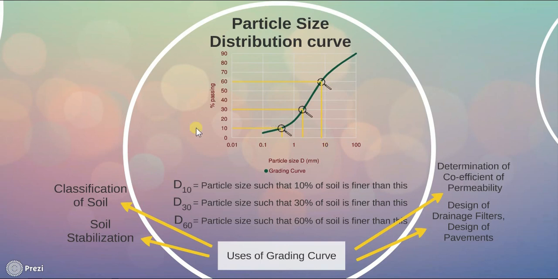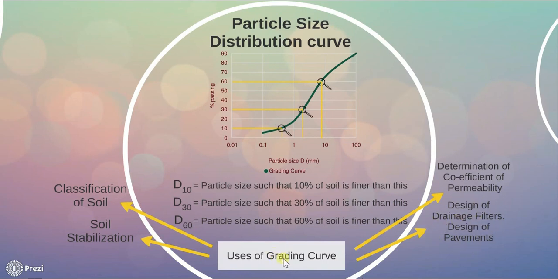Now, the question is, why should we use grading curve, where can it be used? So, let us see uses of grading curve. Grading curve is used in the classification of soil, or we can say classification of soil. Particle size distribution curve is also useful in soil stabilization and for design of filters, drainage filters, and design of pavements.